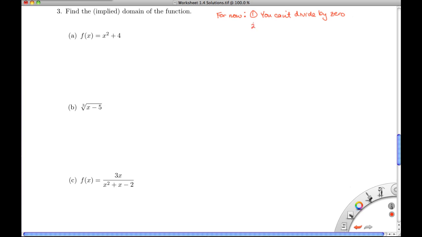The other one that we want to watch out for now is that we can't take an even root of a negative number.